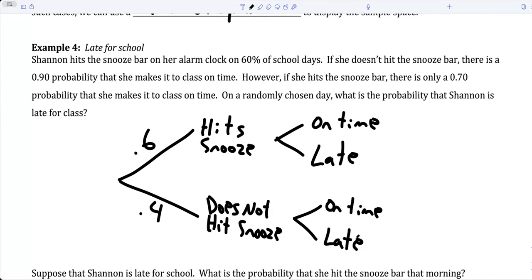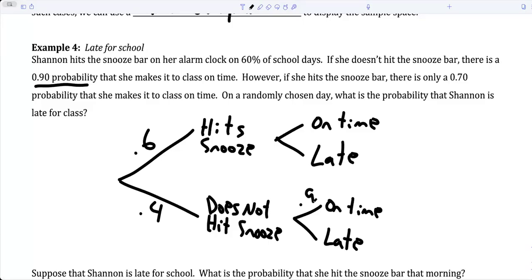And so let's go back and write down those probabilities. It says if she does not hit the snooze, there is a 90% probability that she makes it to class on time. So does not hit the snooze, makes it to class on time.